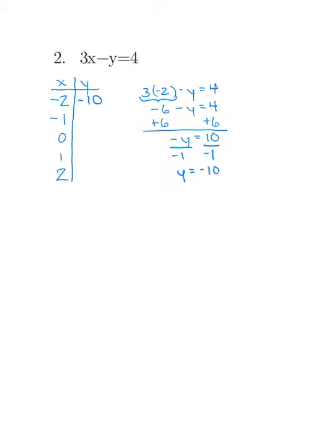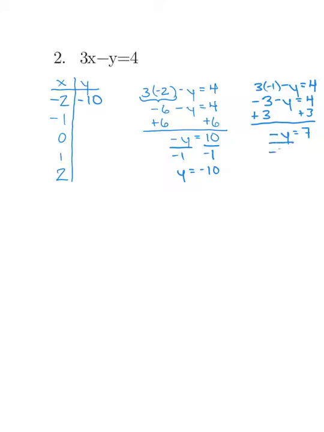Okay, so now let's repeat the process for x equals -1. So I'm going to replace x with -1. Multiply, gives us -3. We want to add 3 to both sides, giving us -y equals 7.